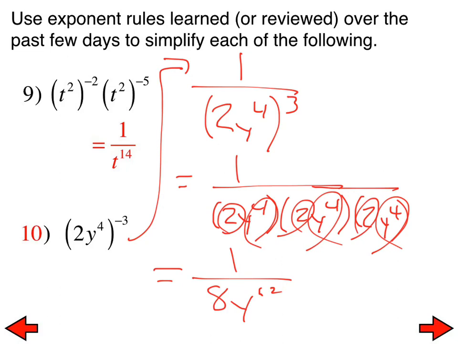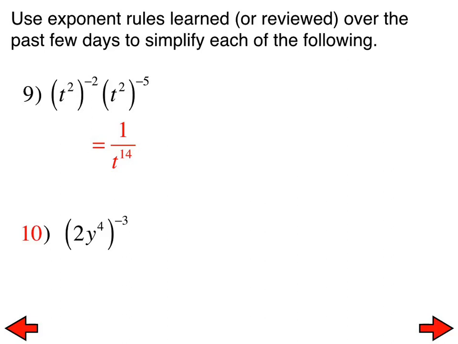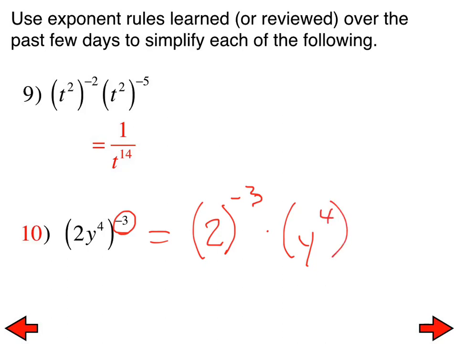Another way, and Lucas asked me about this, he asked me if this negative 3 goes with the coefficient as well. And it does. And that leads us to our fourth exponent rule that's on the back side. You could kind of think of this in terms of the distributive property, but the exponent goes with each part. So if I split up 2y to the fourth as 2 times y to the fourth, the negative 3 as an exponent goes to both parts.